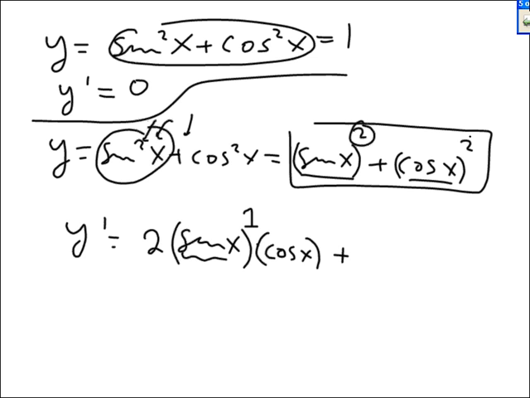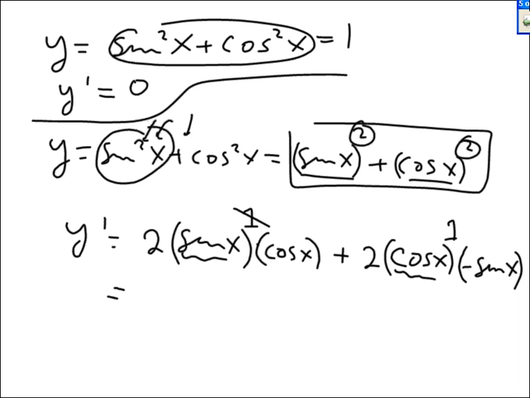Plus, they're a function to a power. Play the game. General power rule game. Bring the power down, make a new power 1 less. Do not forget to take the derivative of what's inside. The power 1 you could ignore. So you have 2 sine x cosine x.